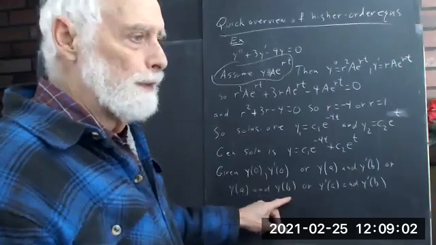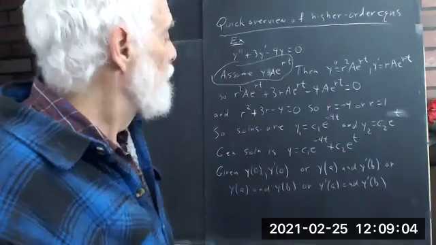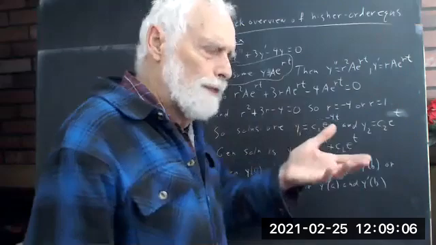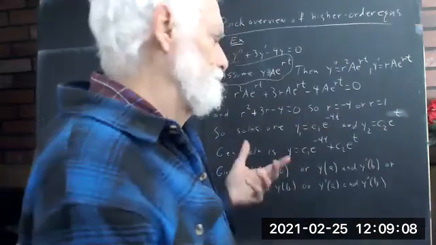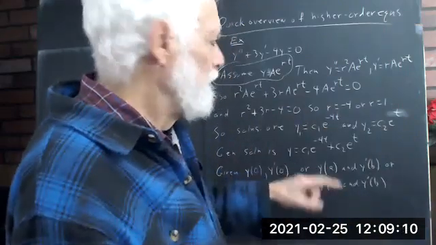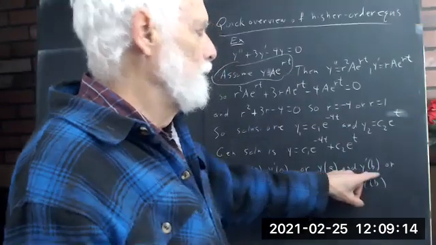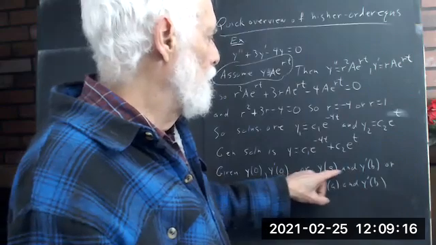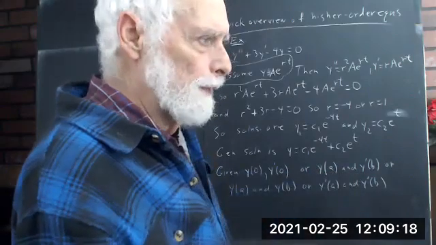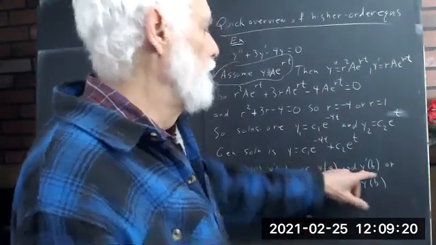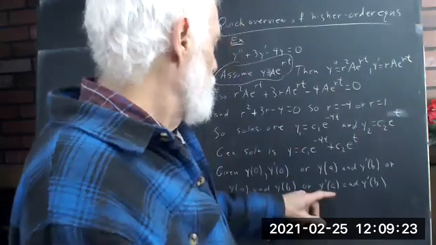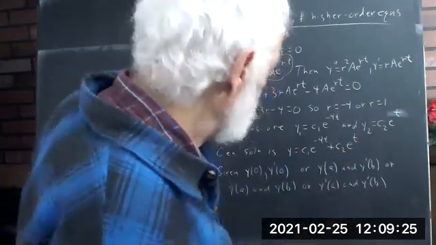A and b don't have to be the same values, although if they are, it's a whole lot easier to solve the equations. And they're not hard to solve anyway. Or at 2 different points, the value of y at one and the value of y prime at the other. Of course, it could be y prime of a and y of b, or the derivatives at 2 different points.